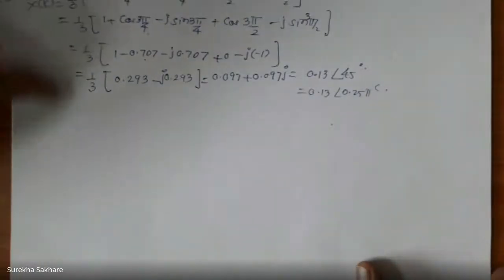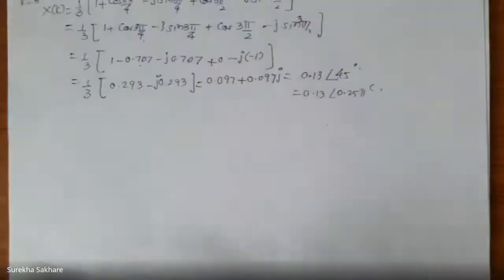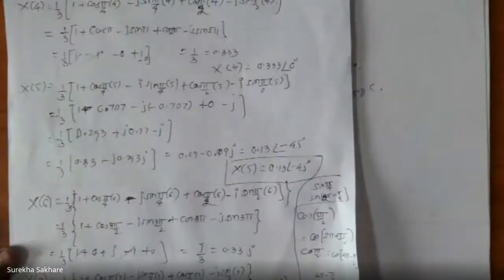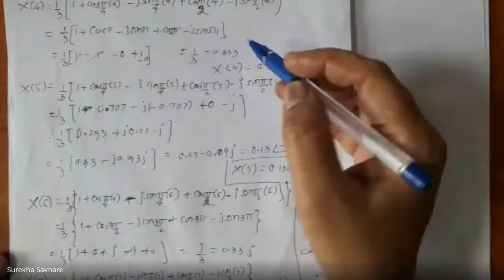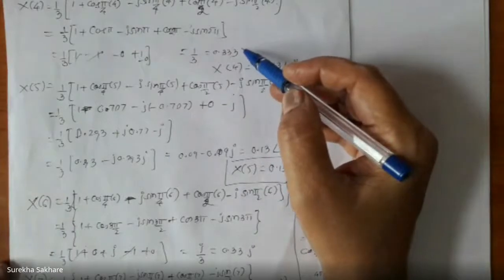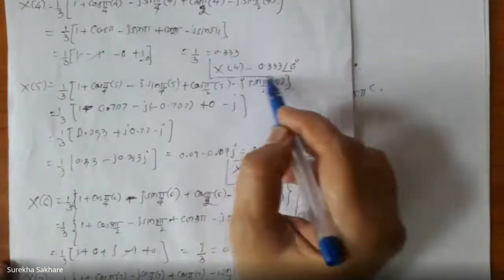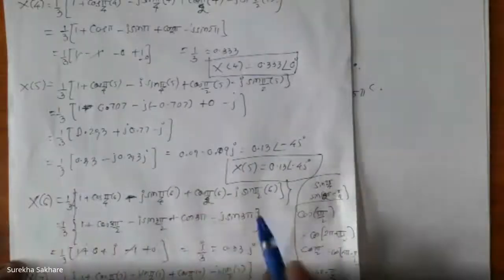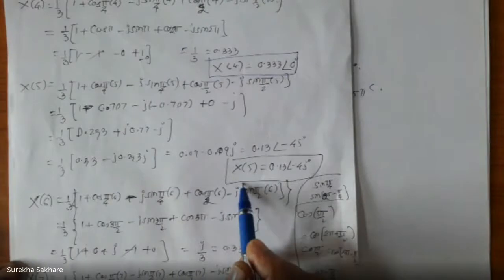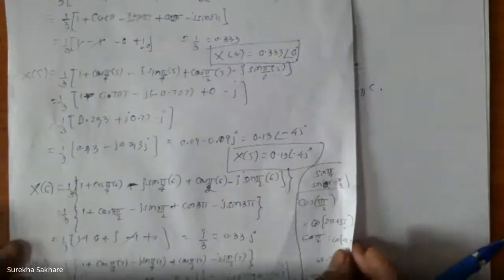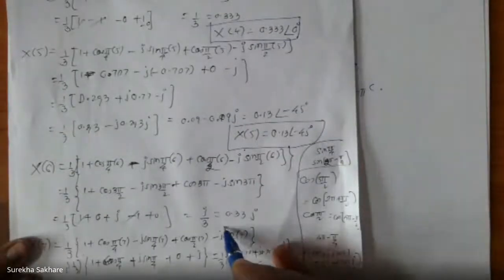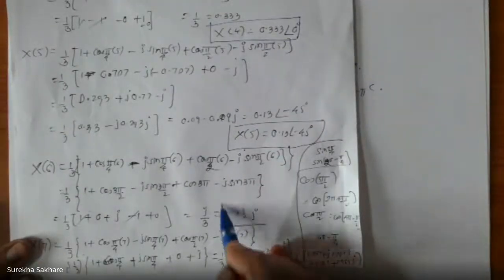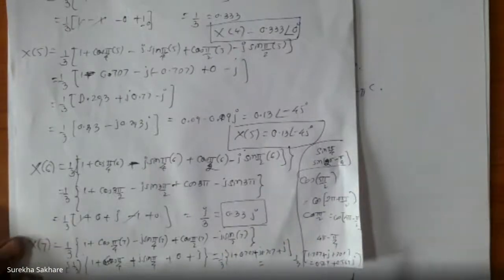Similarly, you have the x4 value coming as this. Similarly, you have x5 value. Then you have x6 value and x7 value.